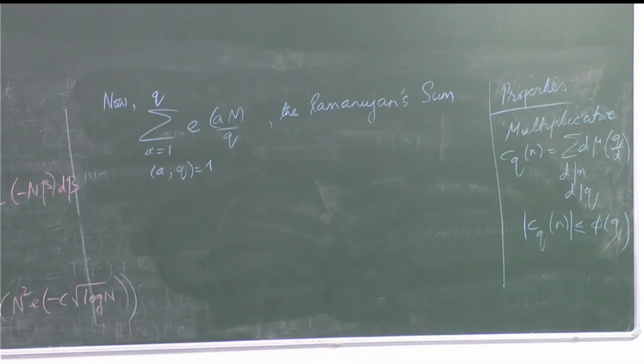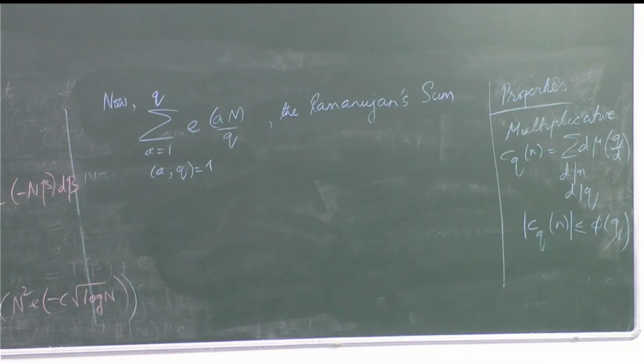So c_q of n, therefore, what am I trying to do? I'm trying to get this mu of q times phi of q divided by phi of q cubed, and then I have this Ramanujan sum.